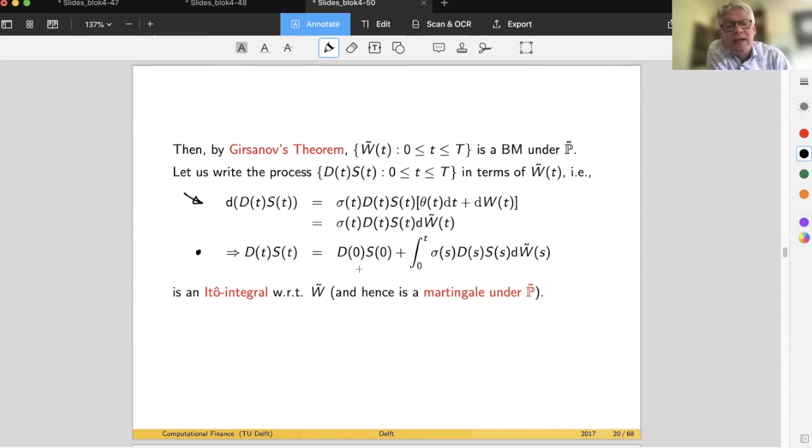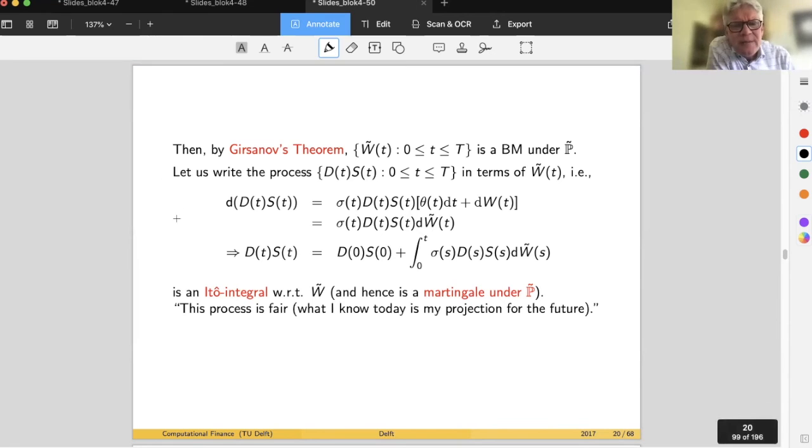And here we recognize this is the classical formulation of the Ito integral with respect to the Brownian motion W tilde, and hence it's a martingale under P tilde. So here a lot of the theory that we have learned from the previous lectures comes together, and we can say that the discounted stock price process is a martingale under the new measure P tilde.